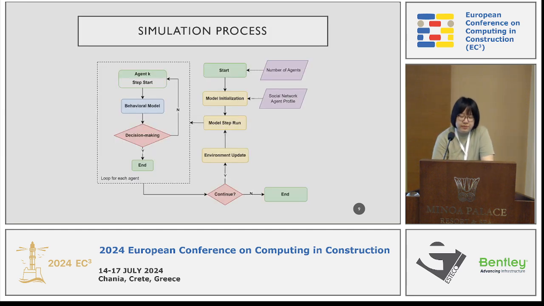Here's our simulation process. The simulation begins with 1,000 households, and each household is uniquely defined by a set of attributes, as we have already introduced in the agent profile in table 2. The core of the simulation runs through 15 steps, representing a span of 15 years.